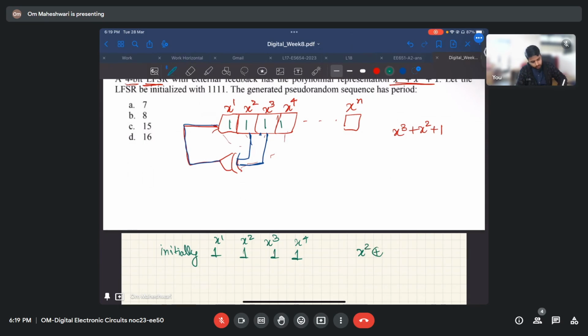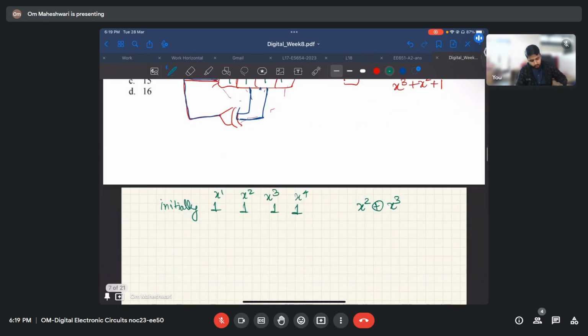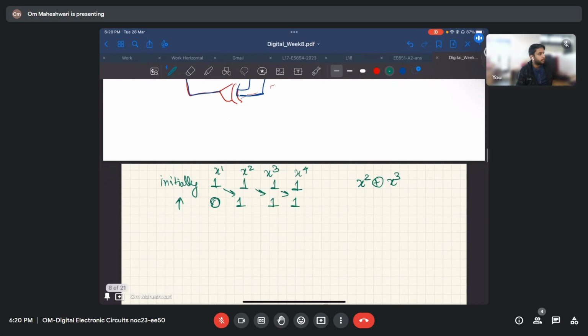X square XOR x cube is the input, right? So after the first clock cycle, the XOR of 1 and 1 will be 0. So we will have 0 here at the input. These will just shift, 1 1 1.